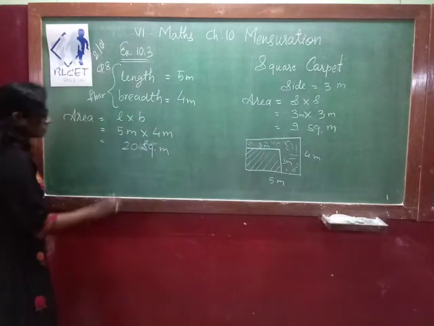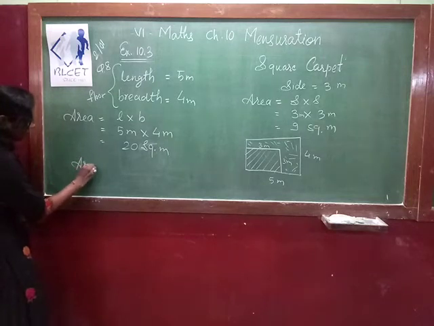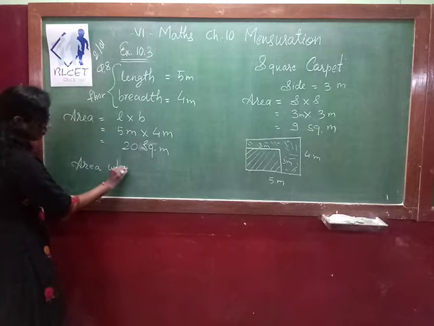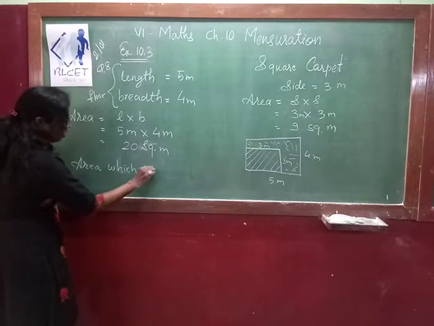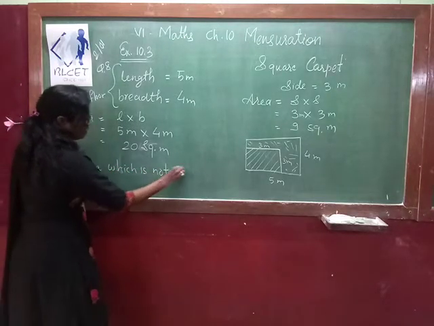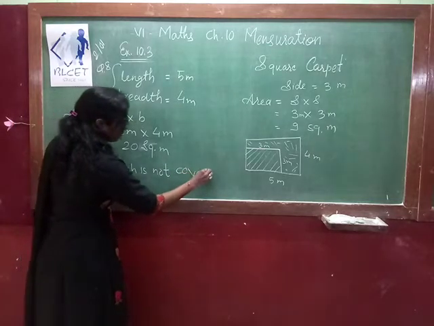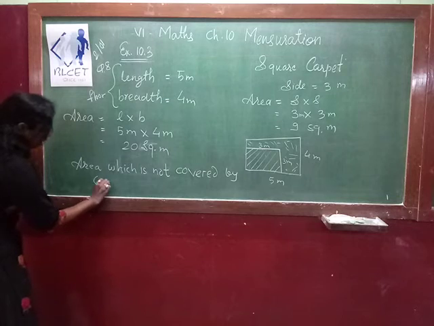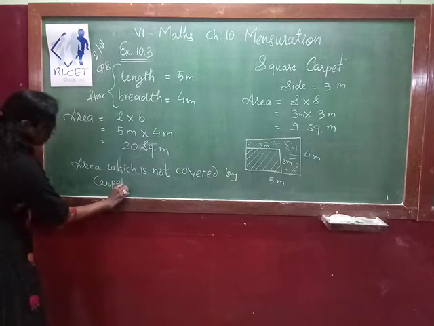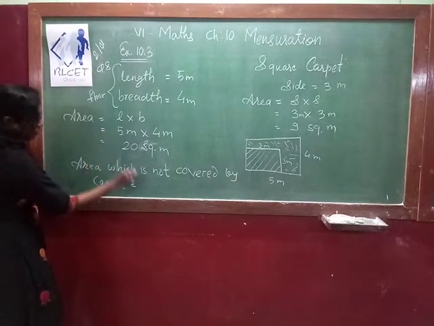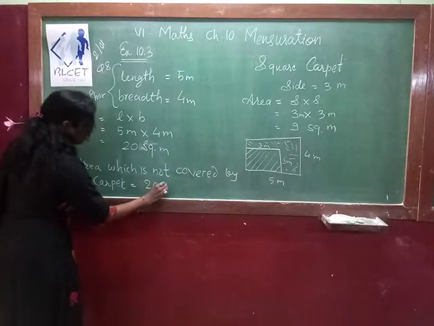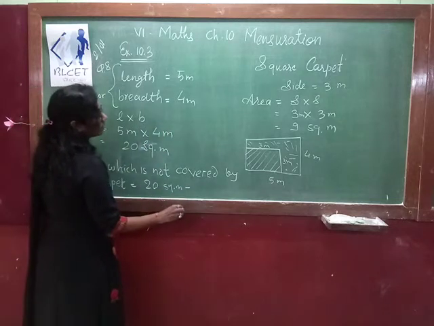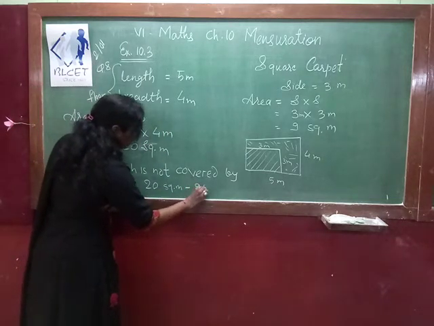So the area which is not covered by the carpet is equal to what? Area of floor 20 square meter minus area of square carpet 9 square meter.